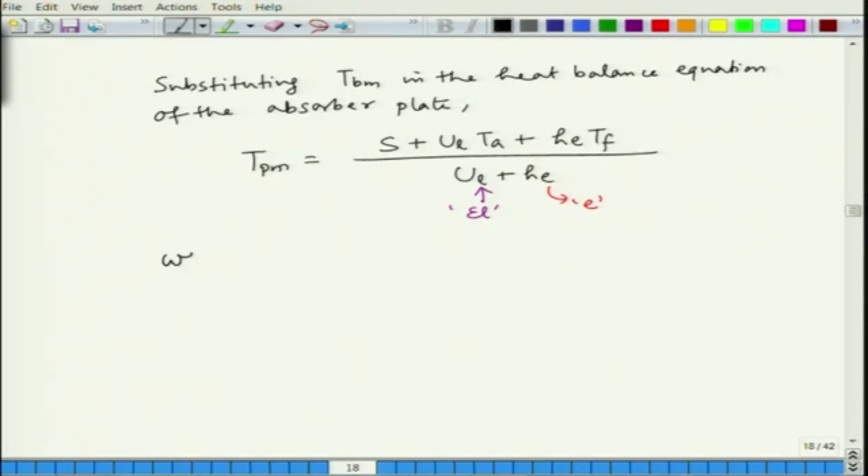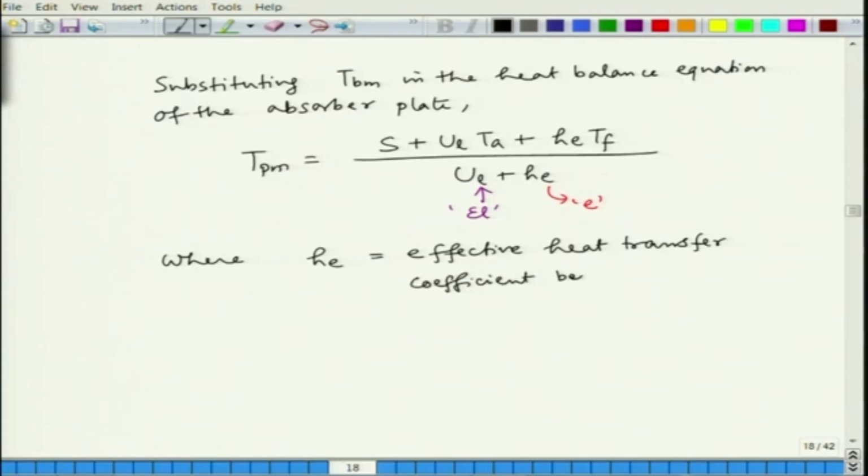Okay. So, here HE is the effective heat transfer coefficient between the absorber plate and the air stream.